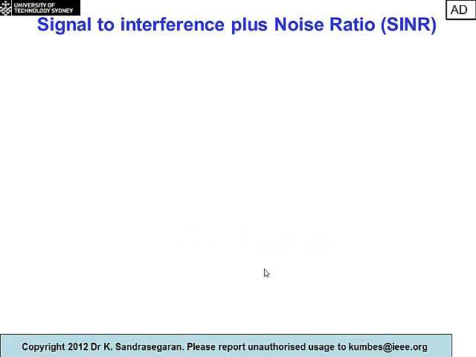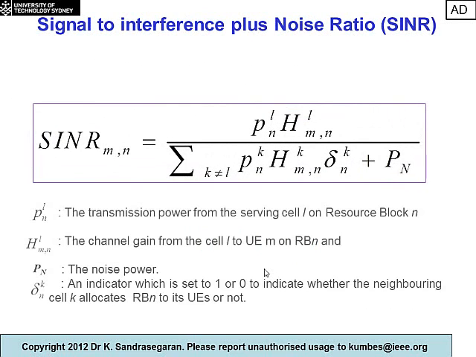One of the important things that we use to quantify the interference is the signal to interference plus noise ratio, SINR. If you try to give a mathematical expression, again, I don't expect you to be able to use this formula. It's just given to you as background material.